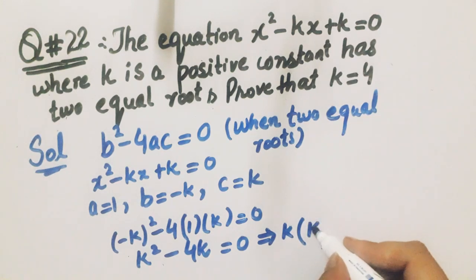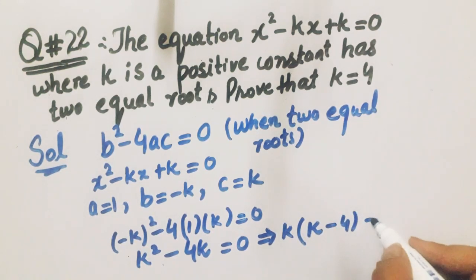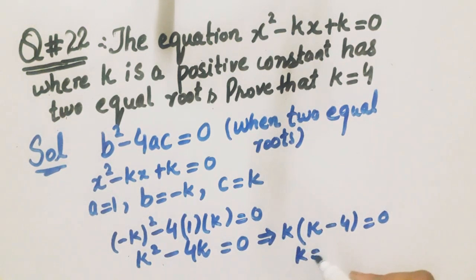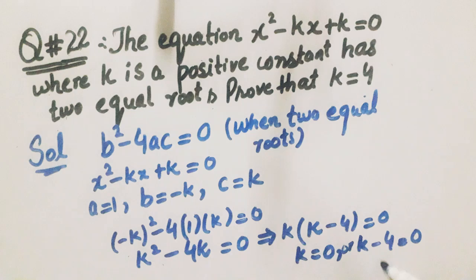So k into k minus 4 is equal to 0. Now k is equal to 0 or k minus 4 is equal to 0. So you have to prove that k is equal to 4. So k is equal to 4.